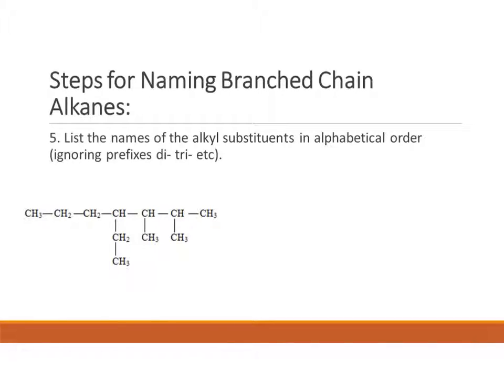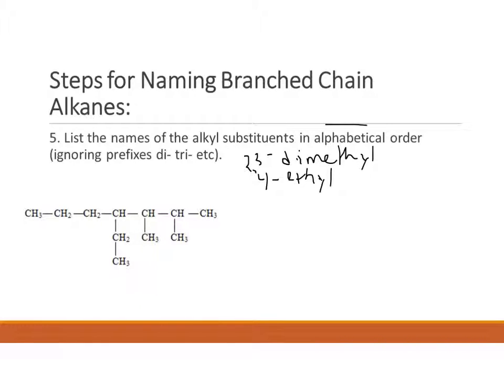Okay, then you have to list the names of the alkyl substituents in alphabetical order, ignoring the prefixes. So we had the dimethyl, and that was 2,3, and then we had 4-ethyl. This is often confusing because you think, well, methyl is 1, ethyl is 2, so methyl should be first.